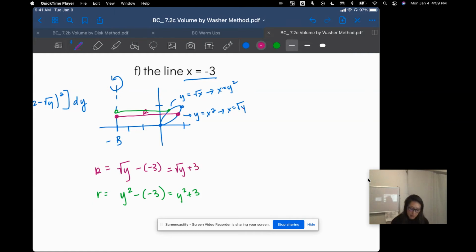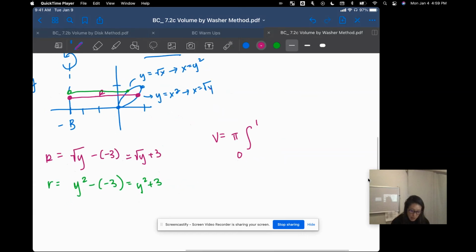Time to find the volume. I get pi times the integral. How long are we cutting up the shape? Oh, you know, from 0 to 1. So from y is equal to 0 to y is equal to 1. The outside ring is the square root. I should be more better.